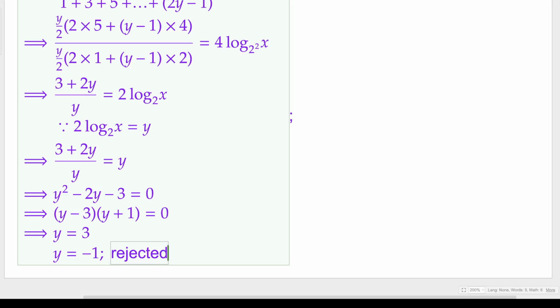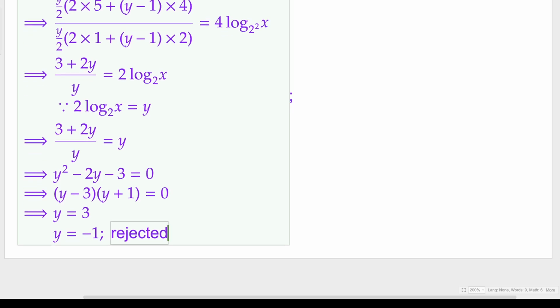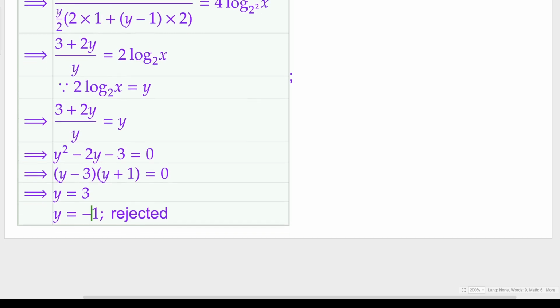It is clearly obvious that you cannot substitute any value for x, because upon substituting for x this would give a negative quantity, which is not possible. So this negative one is rejected here. Ultimately my y is equal to 3.